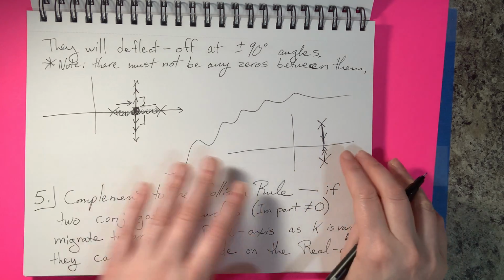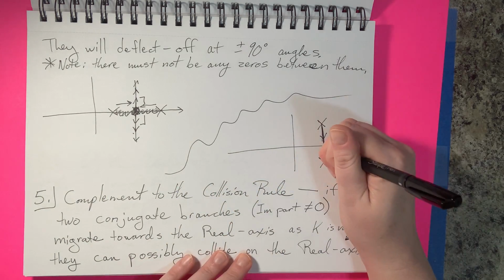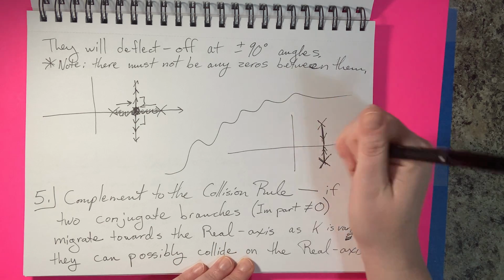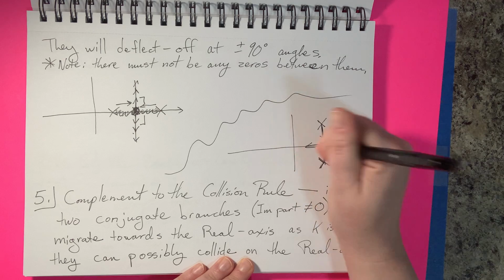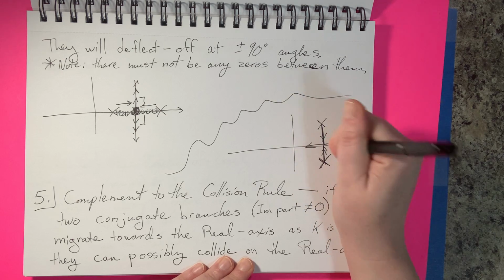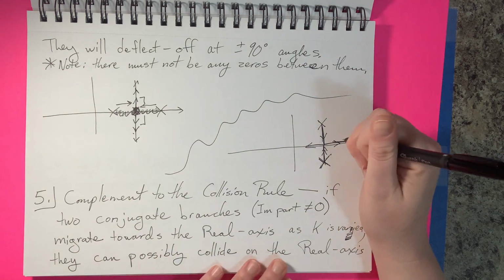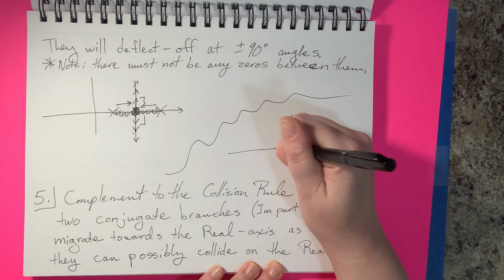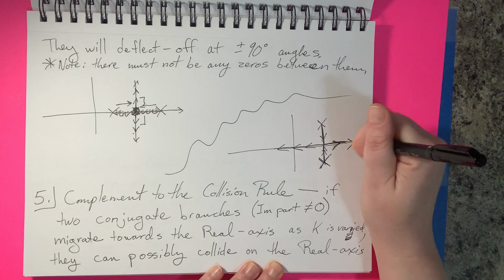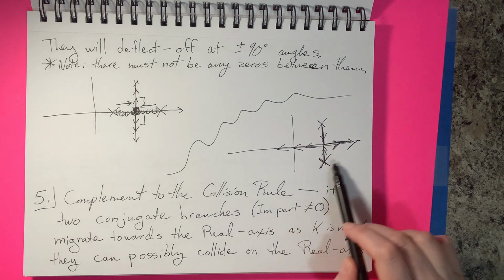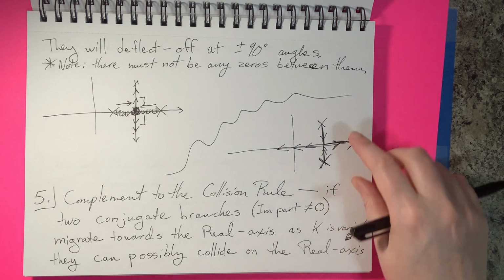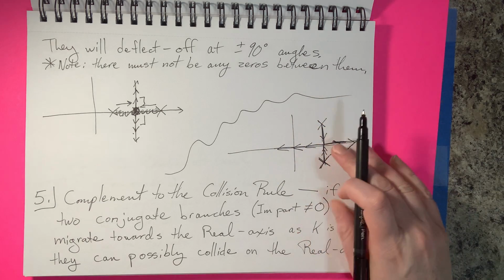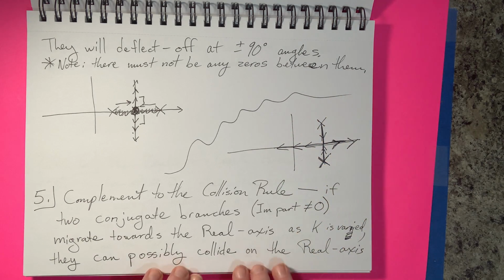The real axis rule only applies to poles when they're on the real axis. What happens is they deflect off very similarly to the rule number 4 collision rule, but this also can happen with the complex axis. Now, one note: this does not always happen. They don't always collide and deflect off like this, but this can happen.